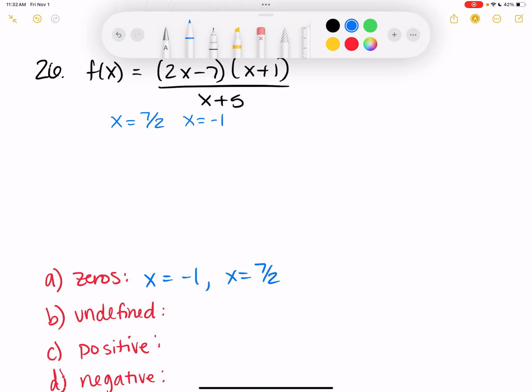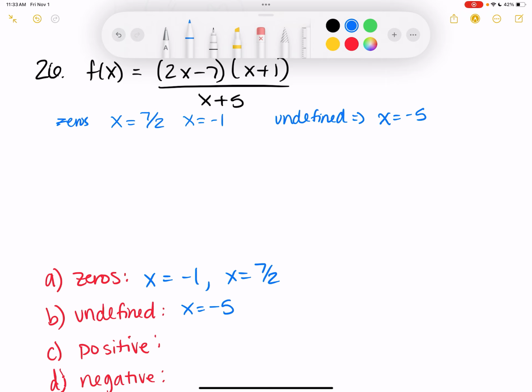Where would this function be undefined? Or how would I find when it's undefined? Yep, when the bottom's equal to 0. So at x equals -5.